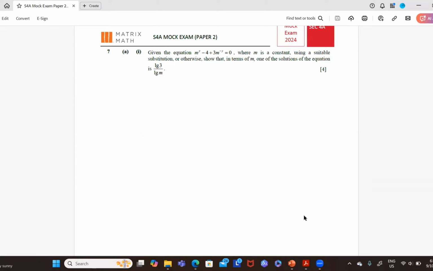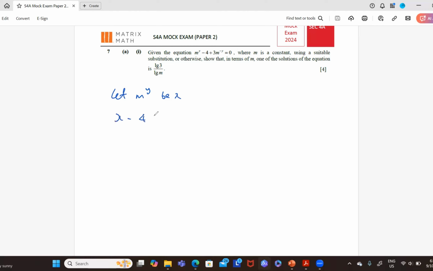Now let's move on to question 7. Given that the equation is as such, using a suitable substitution or otherwise, show that in terms of m, one of the solutions of the equation is log 3 over log m. Okay, let m to the power y be x.